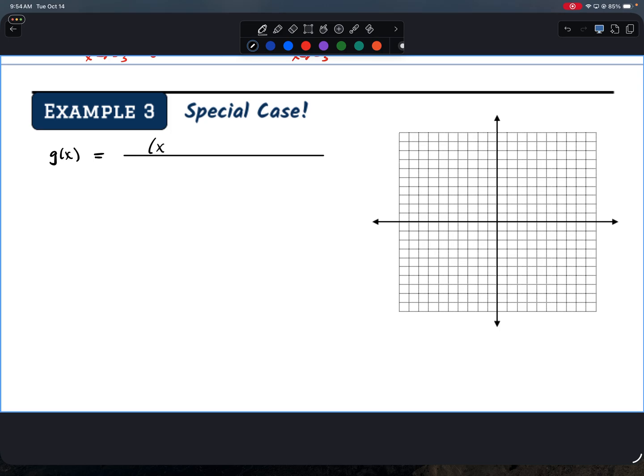All right, so we got x minus 1 times negative x squared plus 2x plus 4 all over x minus 1.